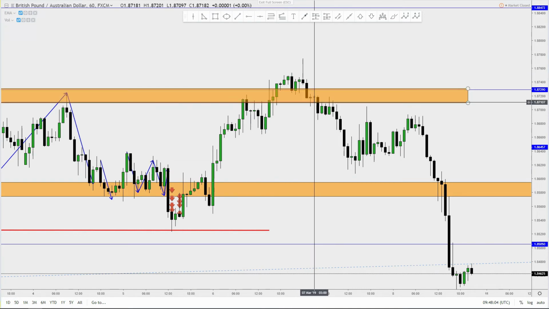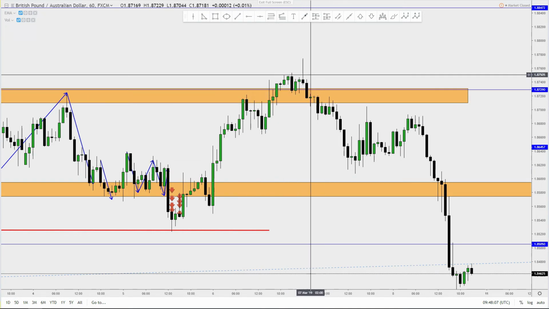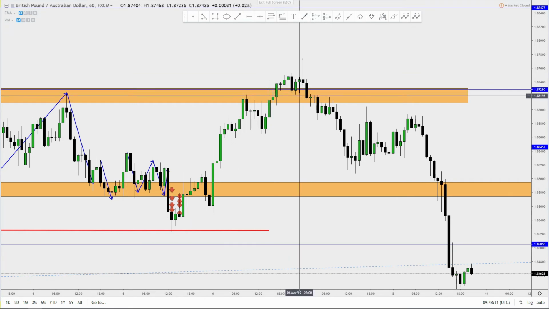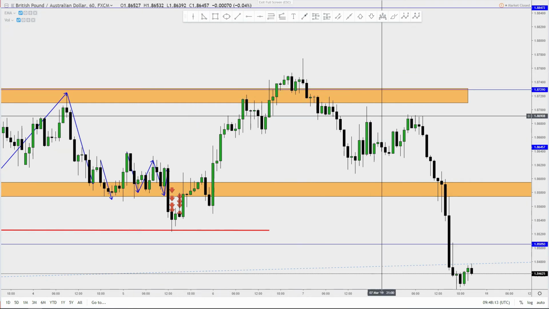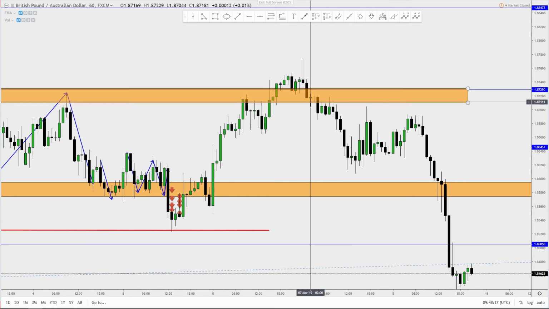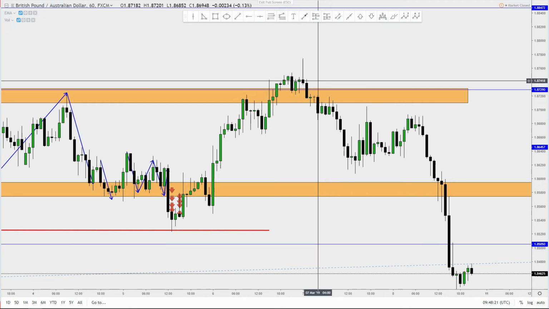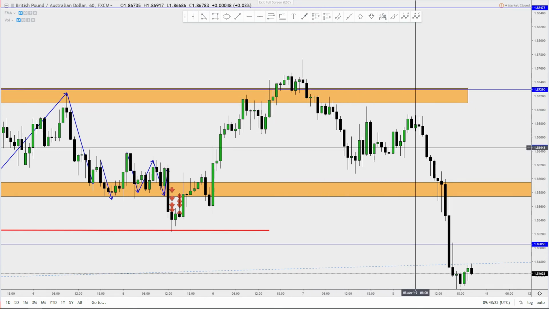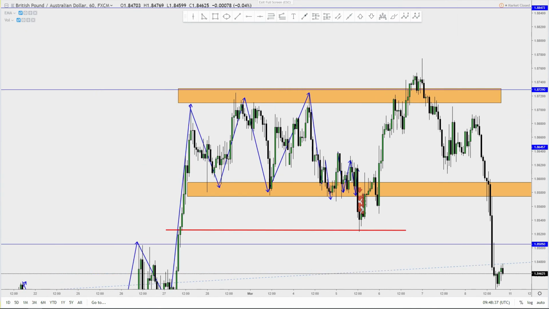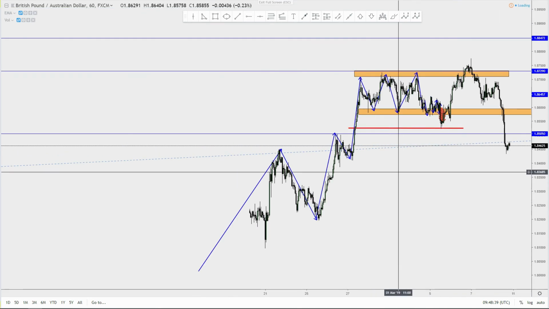I had a couple of positions running on this particular trade, so I took one position off here, rolled my stops to break even. We then broke that back down. I thought perhaps it was just a little retracement, perhaps we might go further, and then unfortunately it just totally capitulated. Now I am still bullish on this pair, however we will have to wait and see.